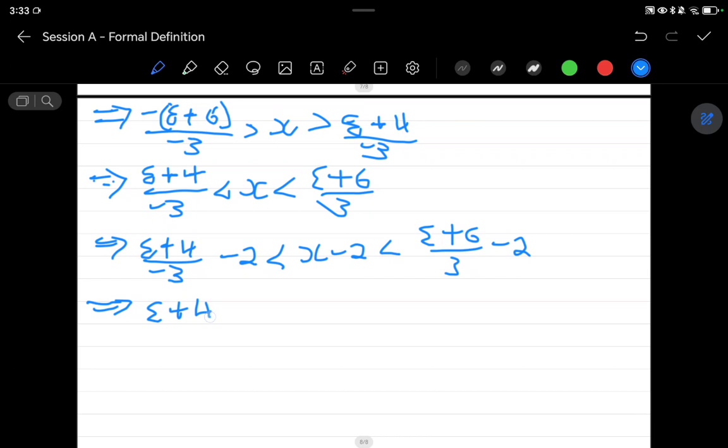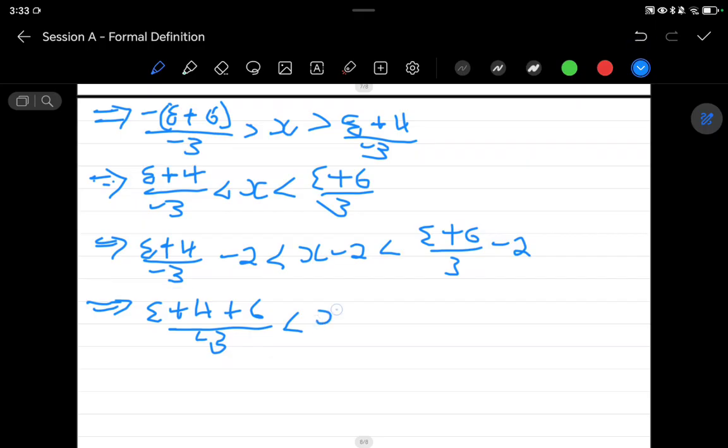And this will be epsilon plus 4 plus 6 all over minus 3, which is less than x minus 2. Minus 2 times minus 3 is plus 6, so I add it on the numerator: 4 plus 6 is 10.